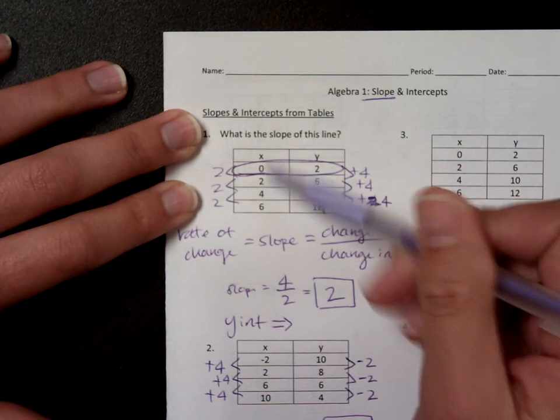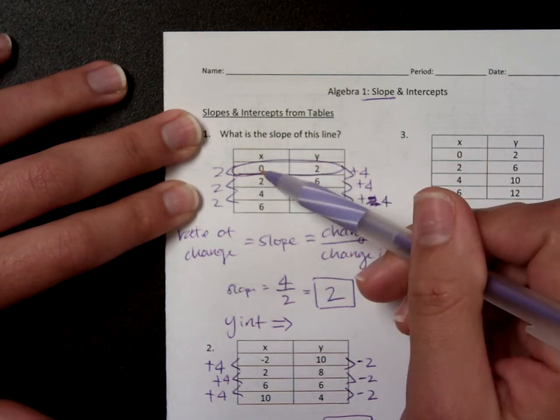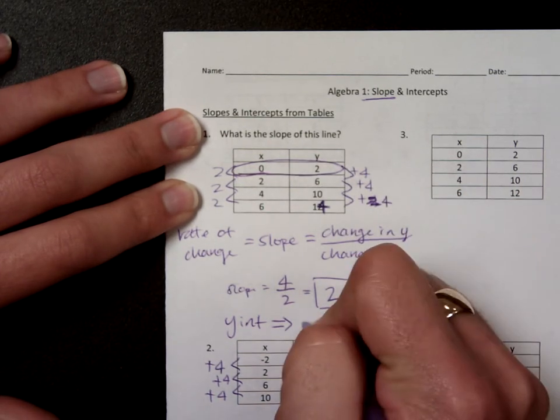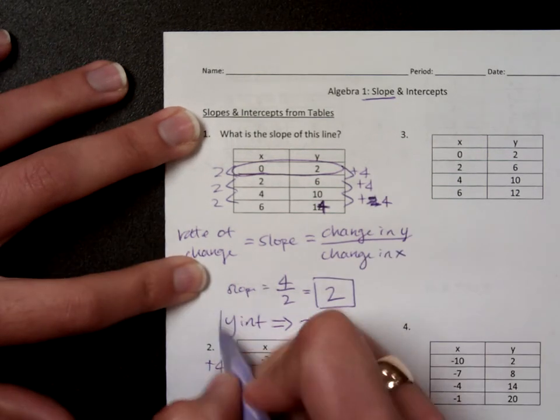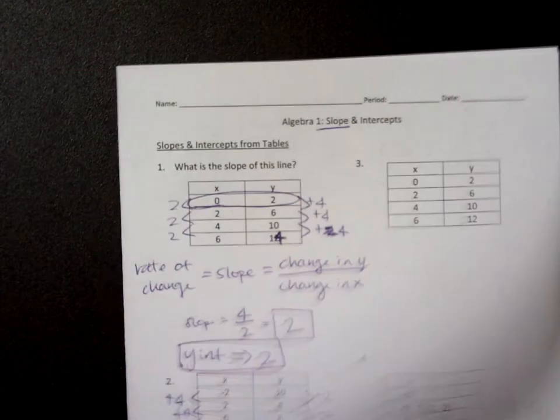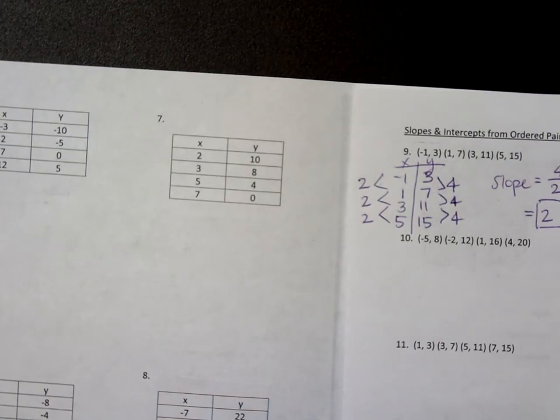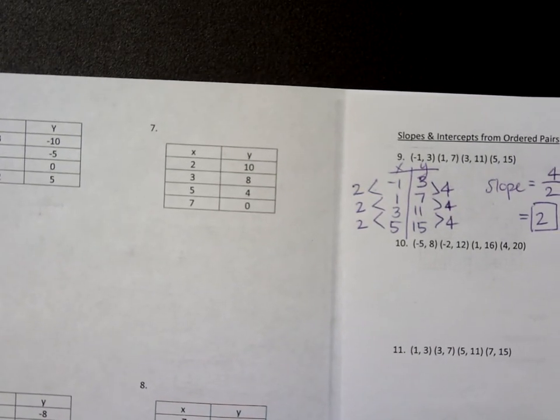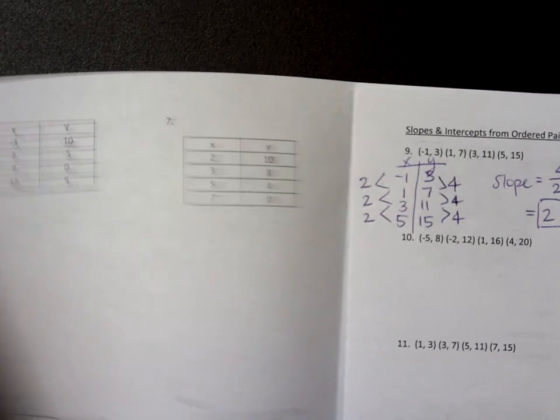So if on my x's I can find x equals 0, then my y-intercept is that matching value. So here my y-intercept would be 2. So go back through the tables and see if you can find the y-intercept on those. Some of them don't have 0, so you're going to have to add 0 to your table.